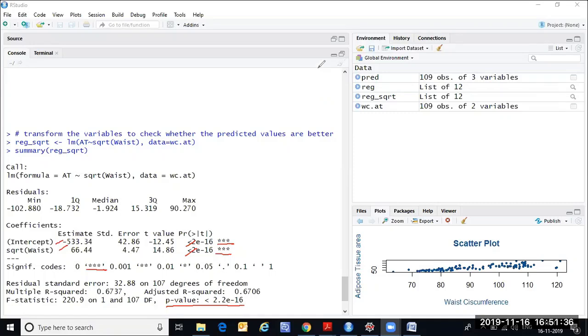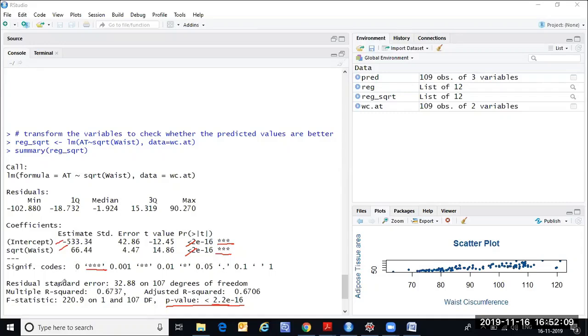Others, are you clear about the concept or not? Please respond, guys. I'm not actually taking this session for someone else, it's only for you. So the next check is the overall model level p-value, and this also proves to be significant.